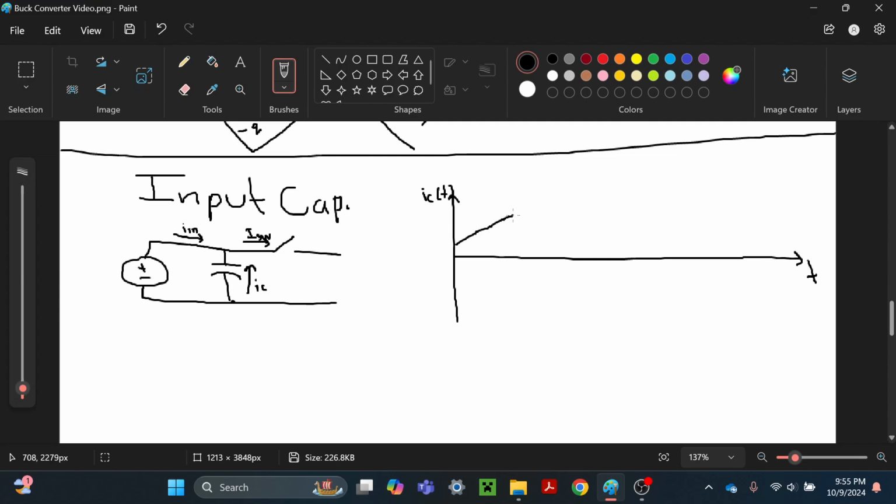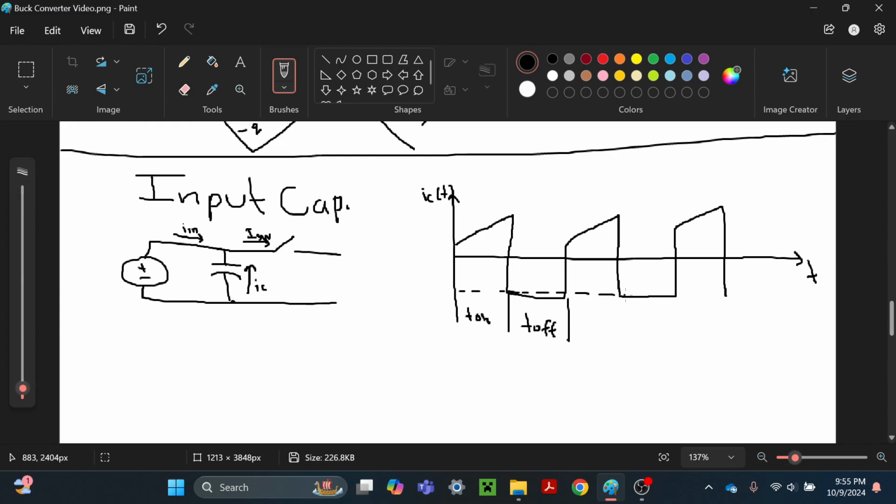The current in this capacitor is actually going to look like this, where this is T on, and this is T off. And then similarly, first let me mention, this is equal to minus I switch.